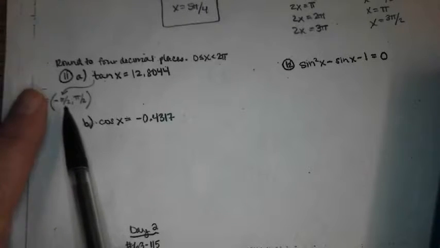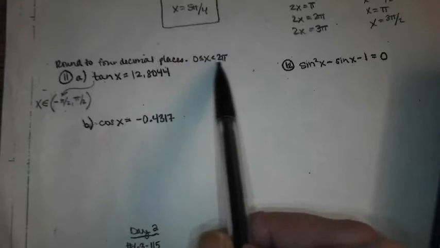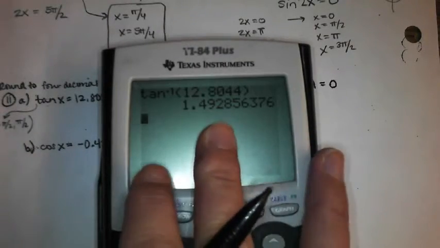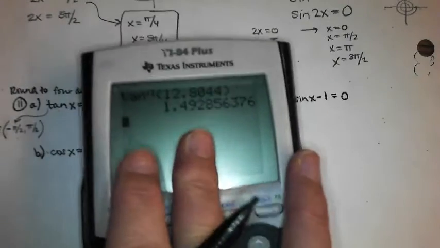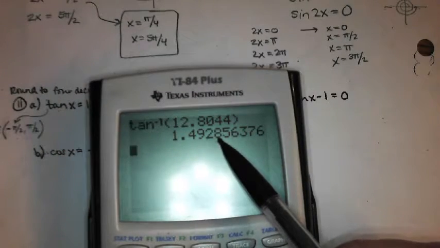Because this one's fourth quadrant version of an angle gives us a negative angle, whereas this one's fourth quadrant version is between 3 pi over 2 and 2 pi and is positive. So if and when that happens, we have to be careful of that. So this particular one gives us 1.4 decimal places. 1.4929.